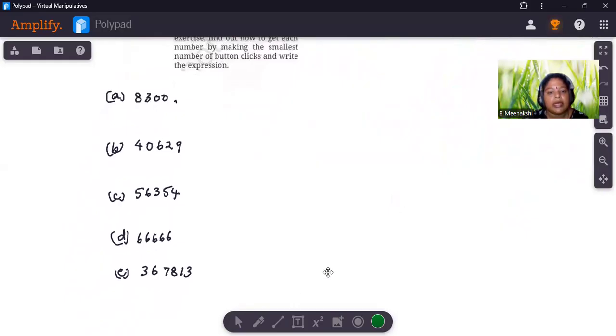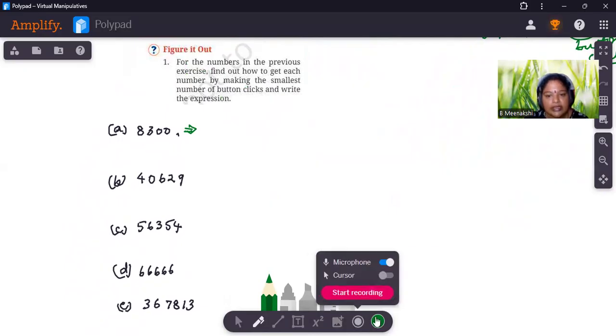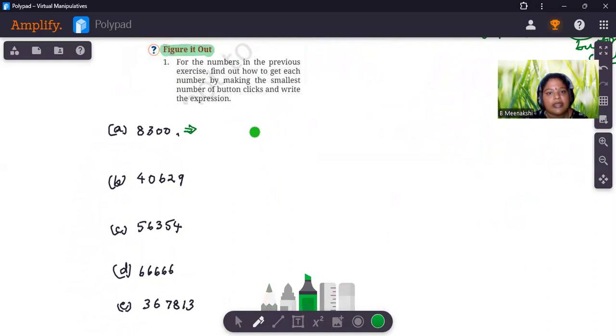Now 8300. How can we represent this number 8300? Look at this question. We are seeing this figure it out exercise, which says: for the numbers in the previous exercise, find out how to get each number by making the smallest number of button clicks and write the expression.